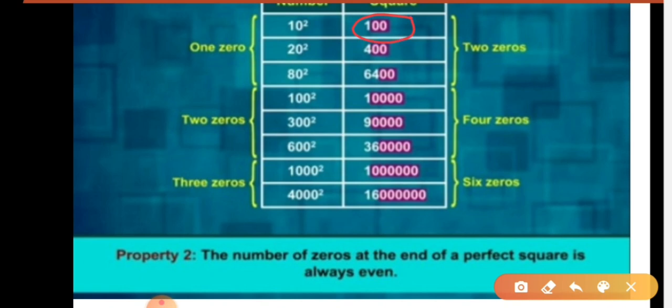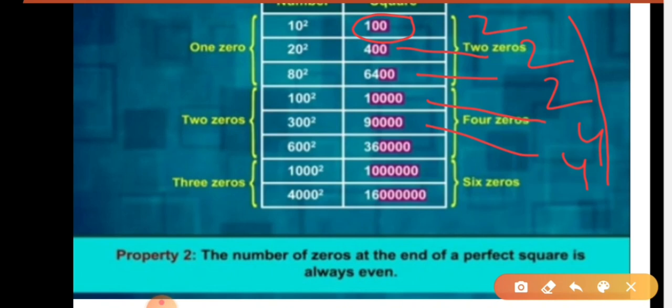Here you can see there are 2 zeros. Again 400, here again 2 zeros. Here also 2 zeros. Here you can see 4 zeros, here also 4. So all the numbers you can see are even. So property 2 says that the number of zeros at the end of a perfect square is always even.